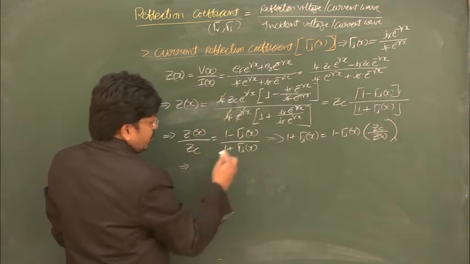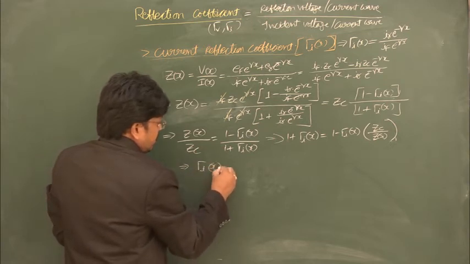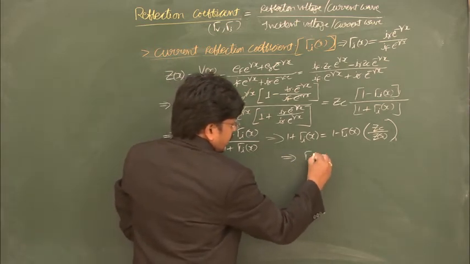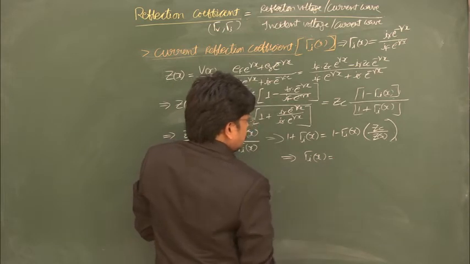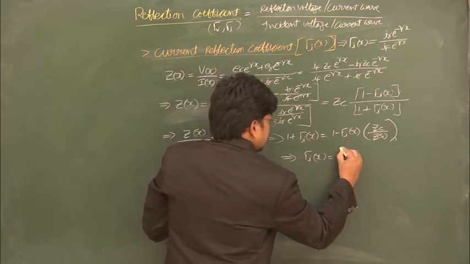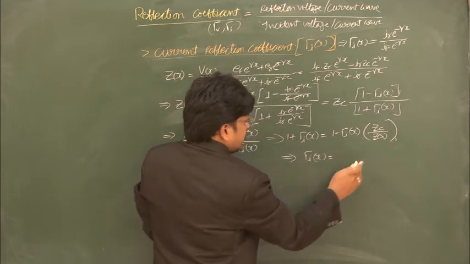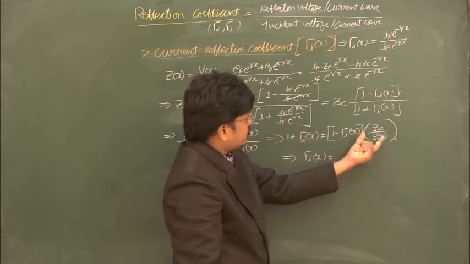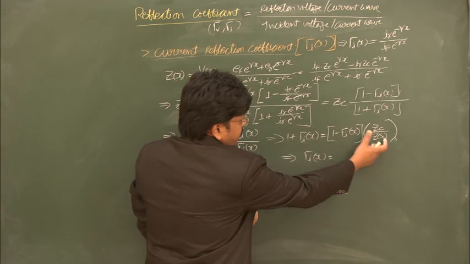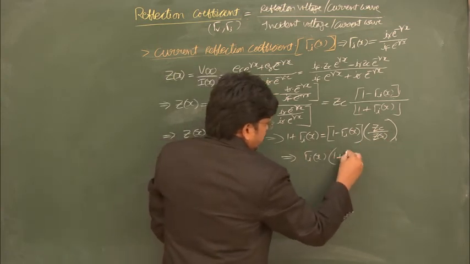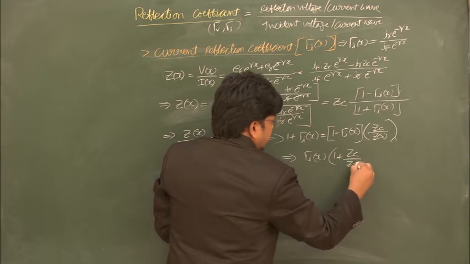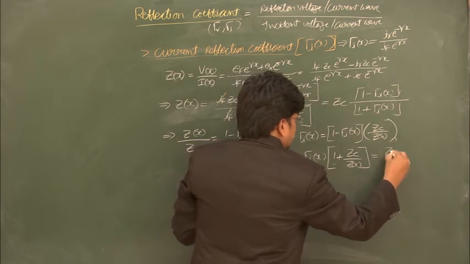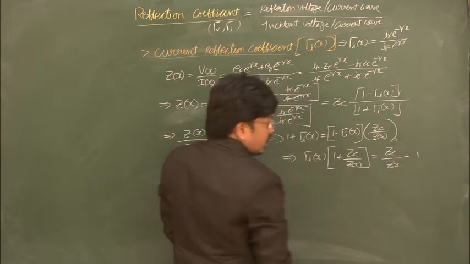If you cross multiply and simplify this equation, we will get eta I of x equivalent to zc by zx minus eta I of x into zc by zx. Shifting this term, 1 plus zc by z of x equivalent to zc by z of x minus 1.